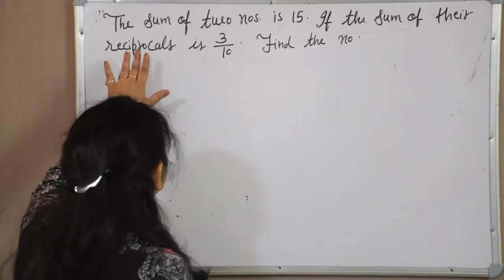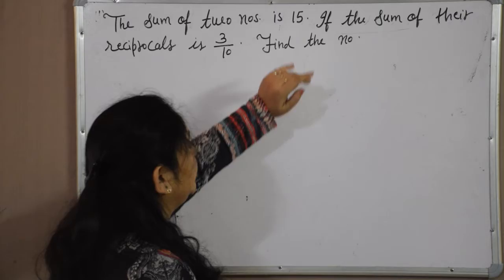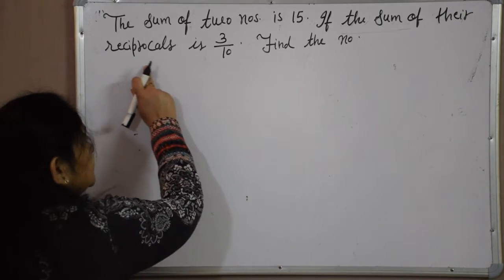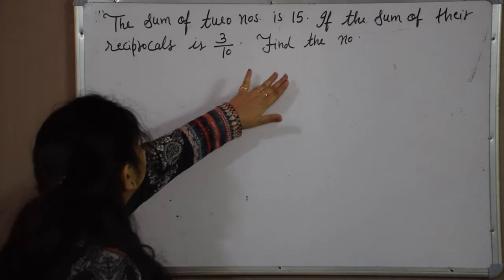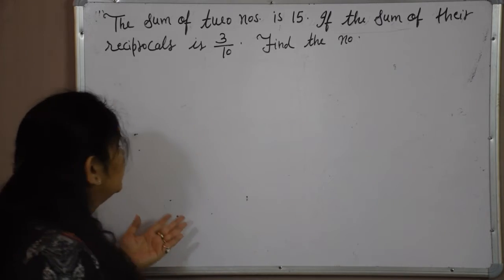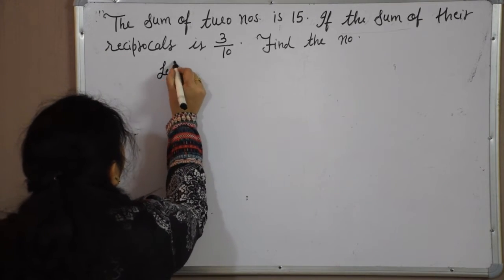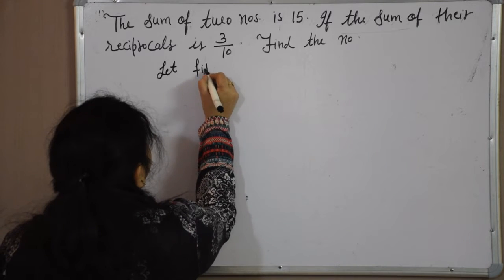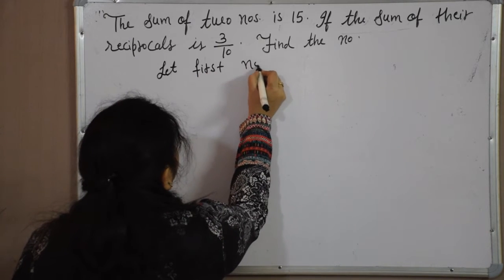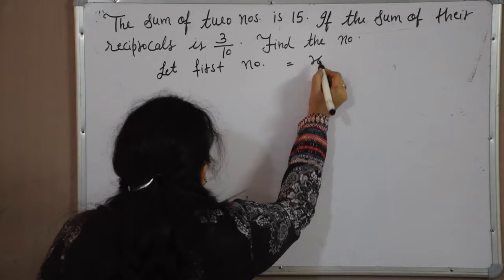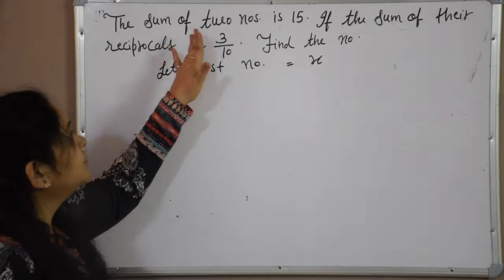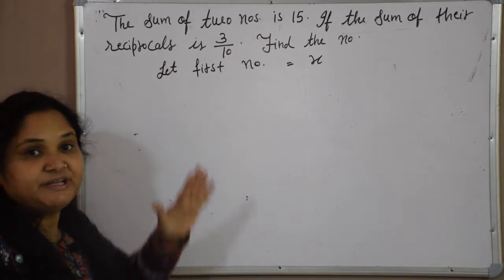The other example is: the sum of two numbers is 15. If the sum of their reciprocals is 3 by 10, find the numbers. So like the previous example, we will suppose one number. Let the first number be x, and it is given that the sum of two numbers is 15.